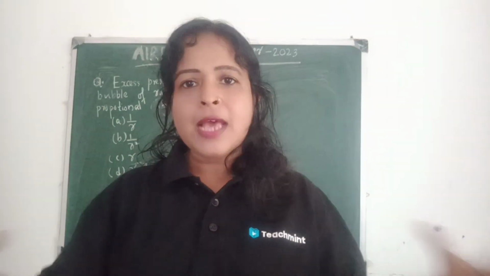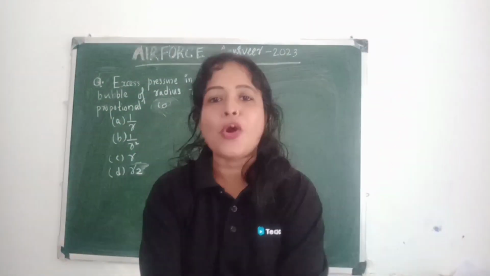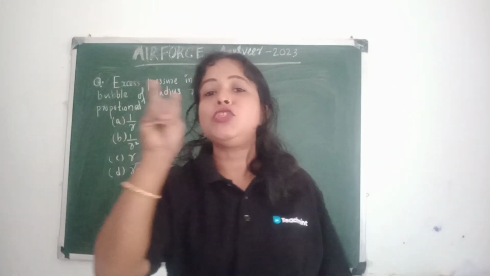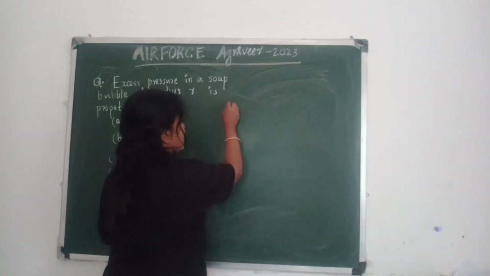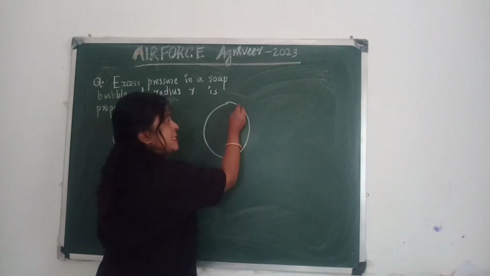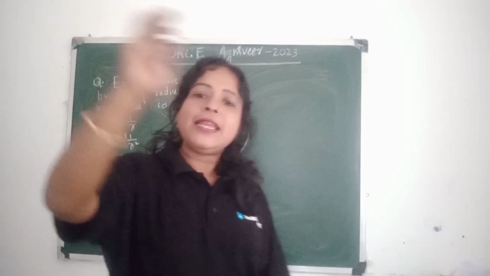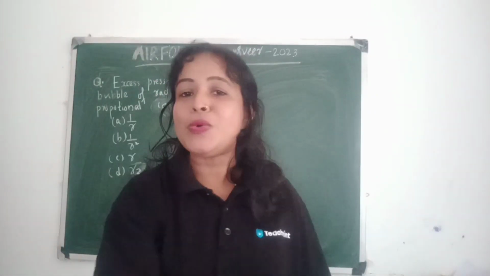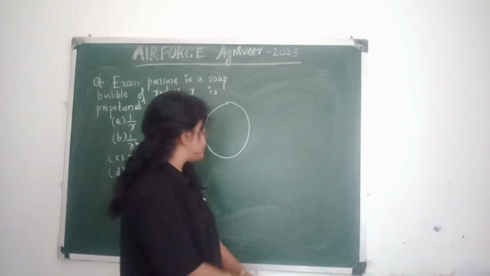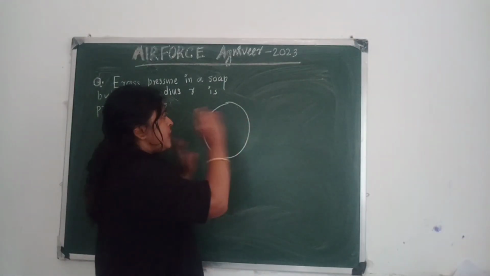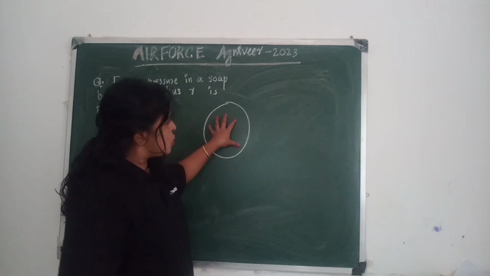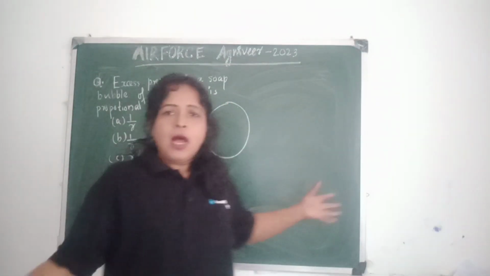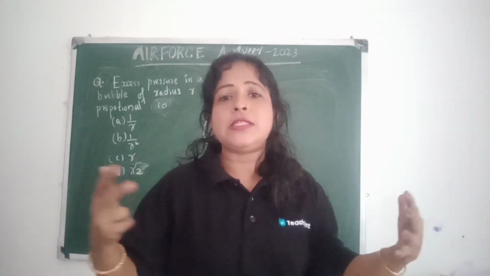We all see the soap bubble, but we don't know how many surfaces are there. There are two surfaces: one is inside the soap bubble and another is outside the soap bubble. Therefore, the soap bubble has two surfaces. The molecules present in the surface film experience surface tension.